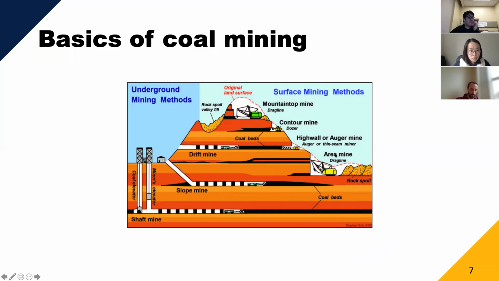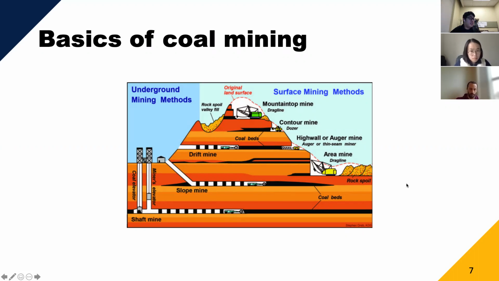Some of these are a lot more destructive than others, where you're demolishing entire mountainsides, versus digging down into deeper mines. The techniques employed depend a lot on where and how accessible the coal resources are.